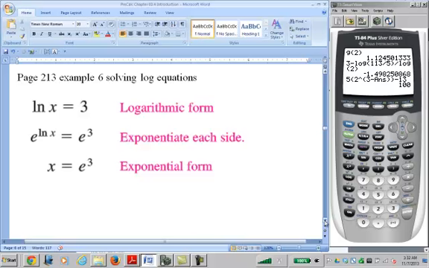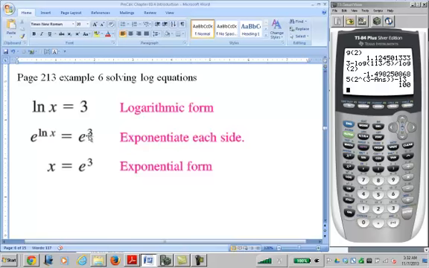So we've got ln of x equals 3. We'll exponentiate each side and turn each side of the equation into an exponent that has the same base. So we take the ln of x and make it the exponent of e, and we take 3 and make it the exponent of e.